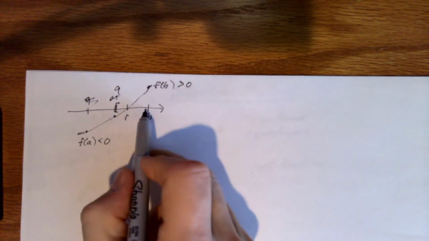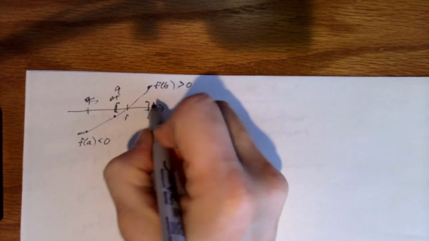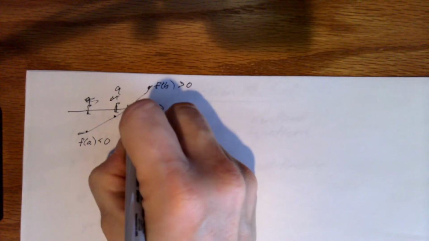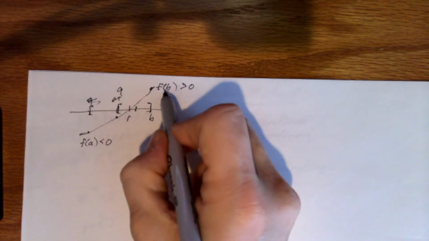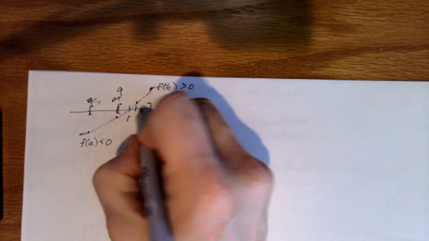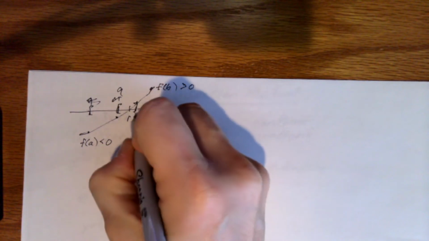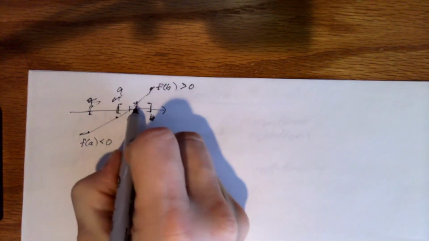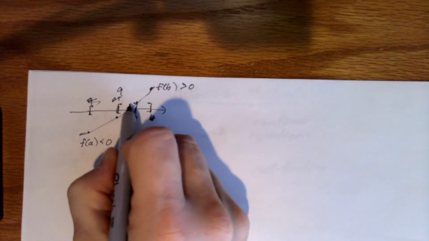This is a new a, because these are brackets. And then now we find a new midpoint. Let's say it's here, and that looks like it's on the same side as f of b. This would be the new m. Well, now we move b to here. And we just keep doing this, tightening it up till we get closer and closer.